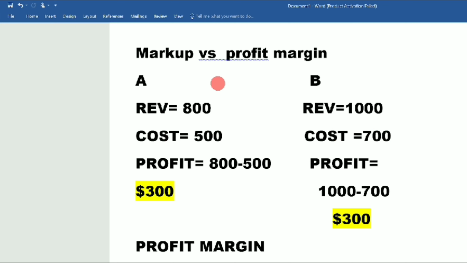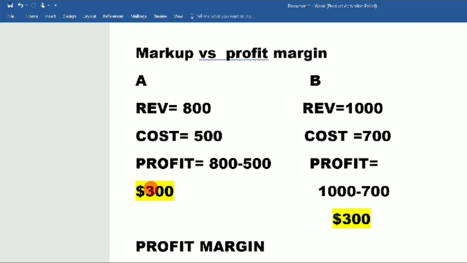That is why markup is very, very important, apart from calculating your profit margin, because even if you have calculated your profit, this profit can be based on your revenue. But if you have your revenue, how much cost, how much money have you sunk into the business? That is the real question.